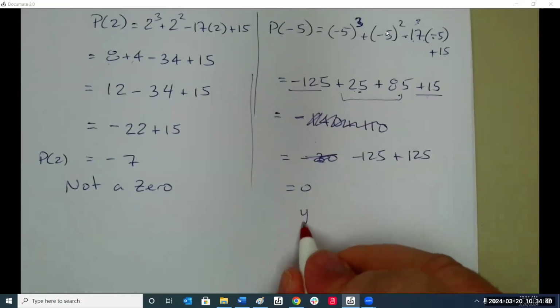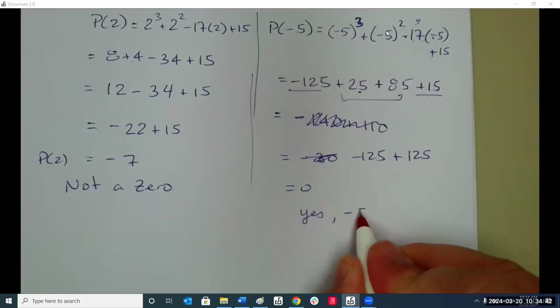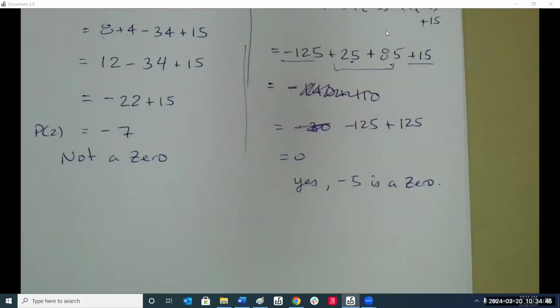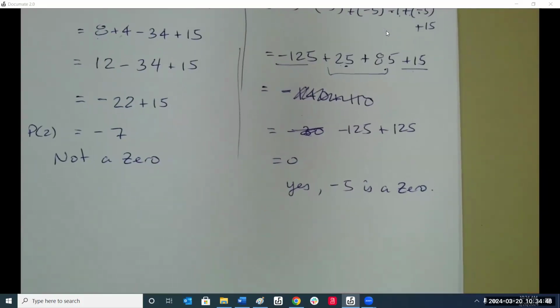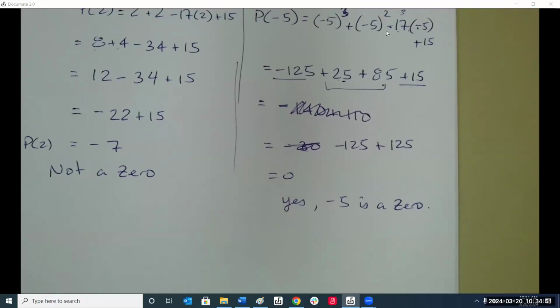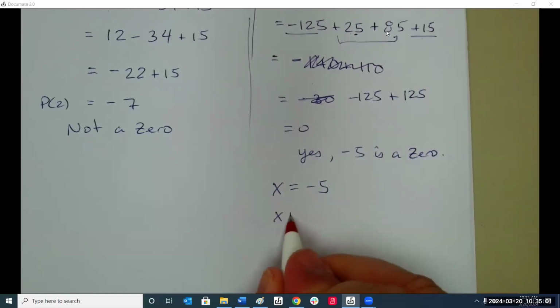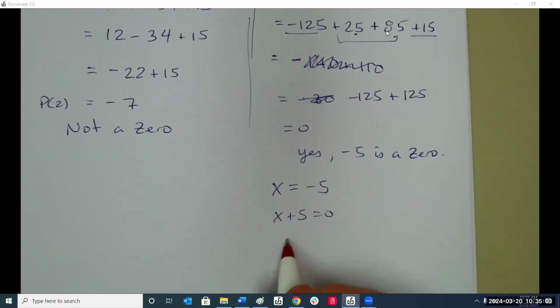So yes, negative 5 is a 0. Which also tells us a little bit more. Since x equals negative 5 is a 0, that means x plus 5 is a factor of that polynomial.